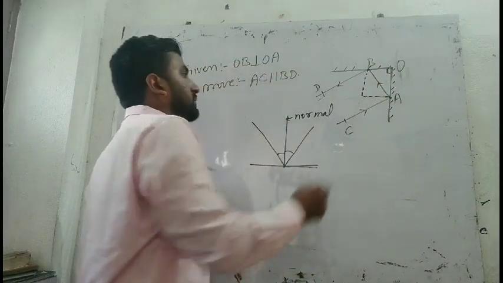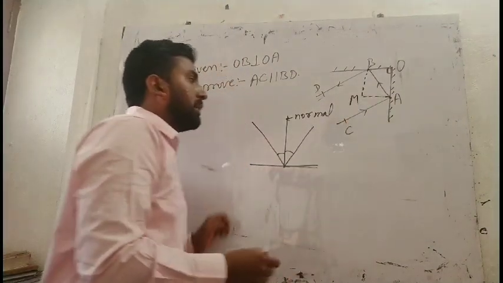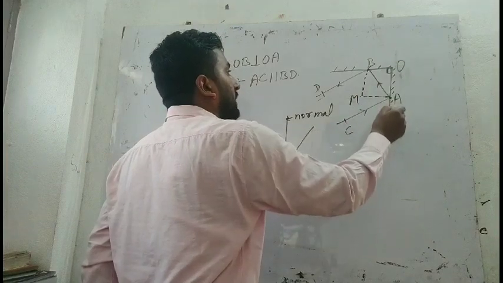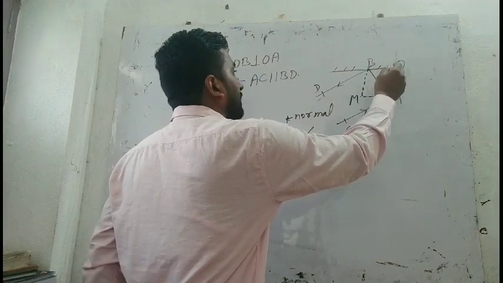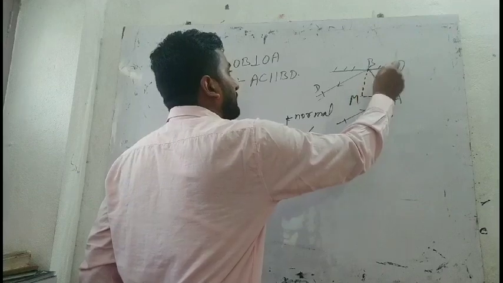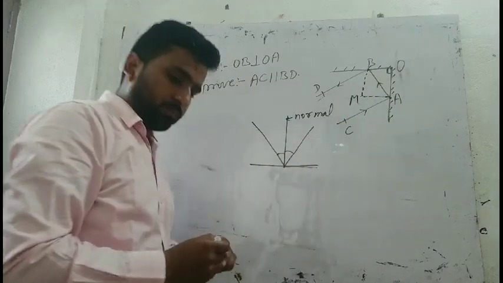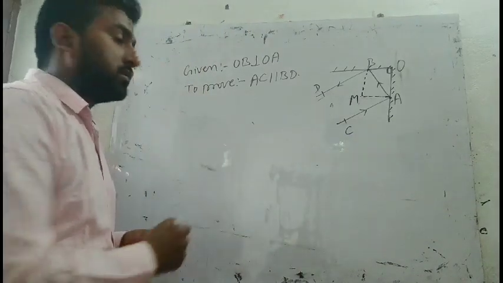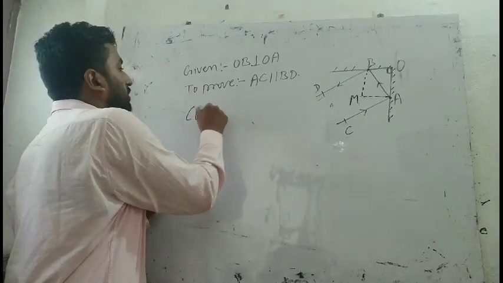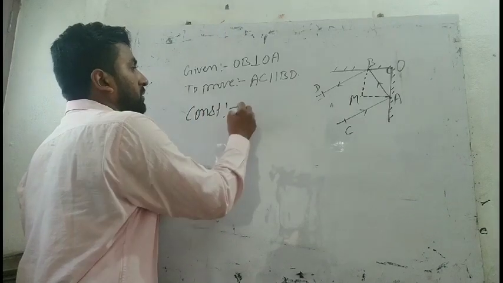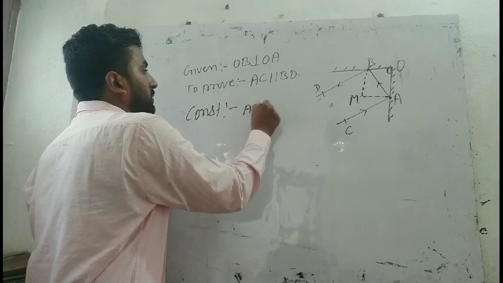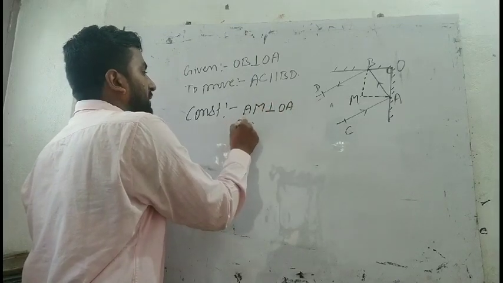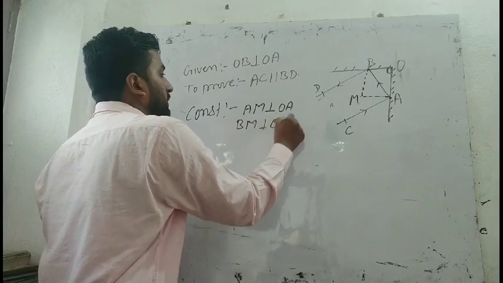Construction: draw a perpendicular AM to OA and BM to OB. AM is perpendicular to OA and BM is perpendicular to OB.